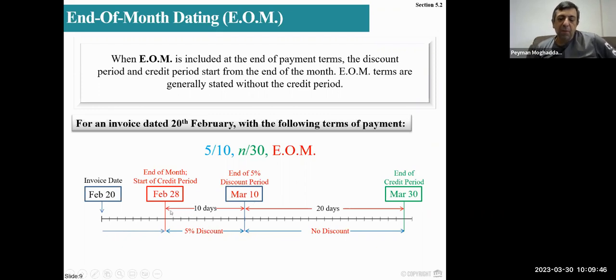Because the seller says you can pay from the end of the month and you have 10 days to get 5% discount, but the seller would be very happy to get the money even before the end of the month. So from February 20 to February 28, the 5% discount also applies. Okay. So this is one thing I want to mention. Any question?